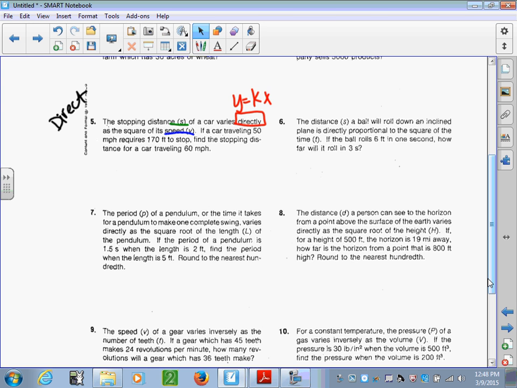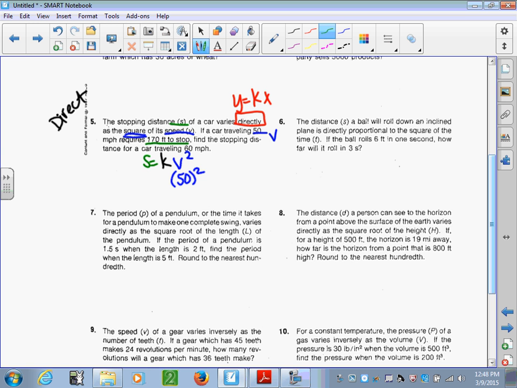So I'm going to write this equation: stopping distance s equals k times v squared. Now I'm going to go back and plug this in. It told me a car traveling at a speed, so that's my v, of 50 miles per hour, takes 170 feet to stop. So this is my s, 170.